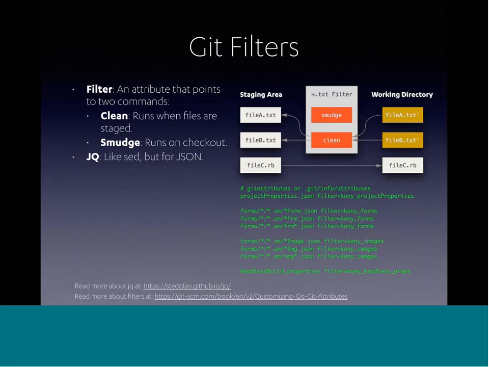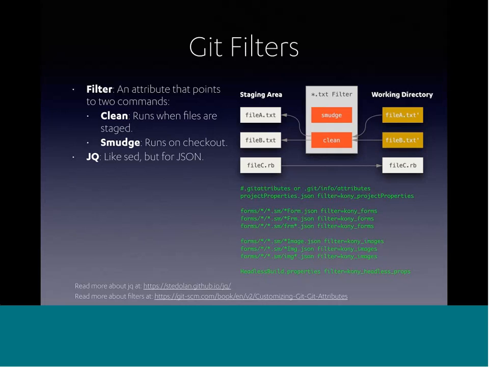A clean command, which is run when files are staged, so when you're preparing a commit, and a smudge command, which is run when you check out a file from source control. We're not going to bother about the smudge command. It's not relevant to what we're going to do for the time being. We're going to focus on the clean command.